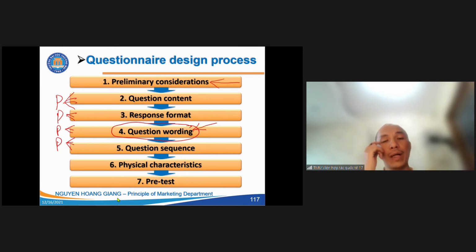Then we change the words we use to suit the customer, the audience, the respondents. Sometimes students send the questionnaire to companies, but they still use in Vietnamese anh, chị, bạn, especially the word bạn, which is not suitable because they are not our friends.